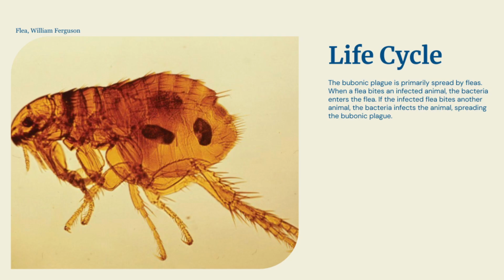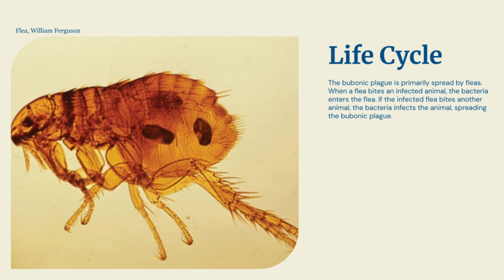Okay, let's talk about the life cycle of Yersinia pestis. So the main way that the bubonic plague is spread is by fleas. The way that it does this is it starts out with an infected flea, which will bite an animal and give it Yersinia pestis infection.